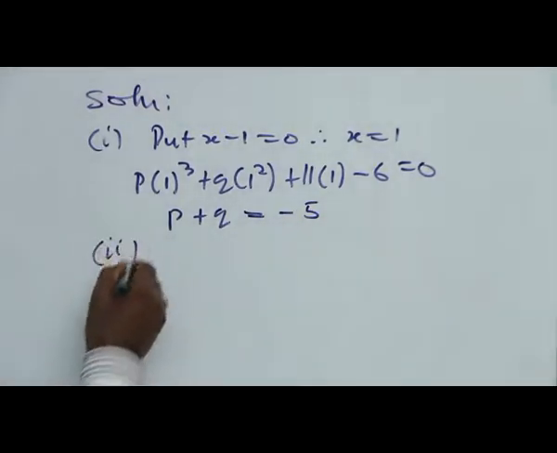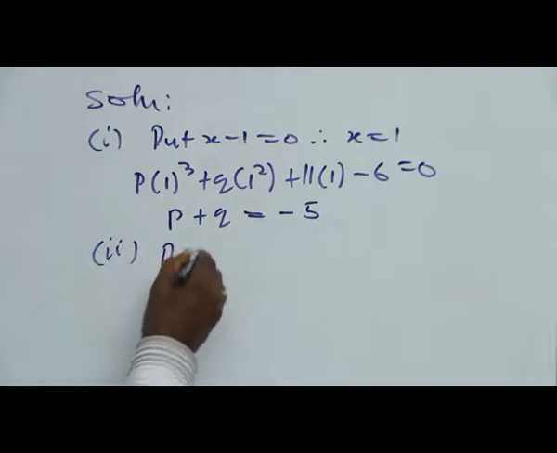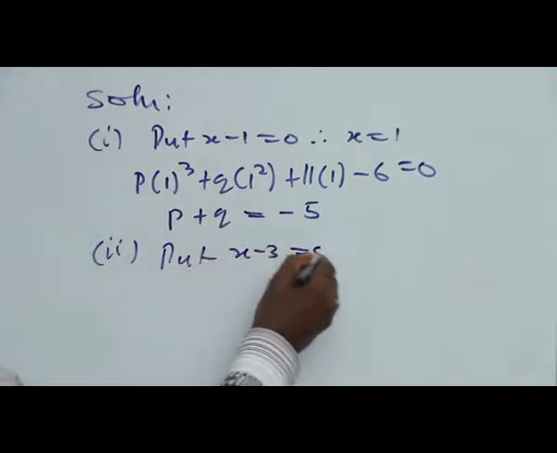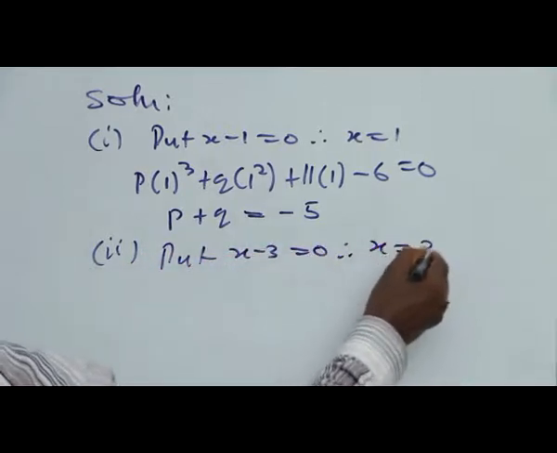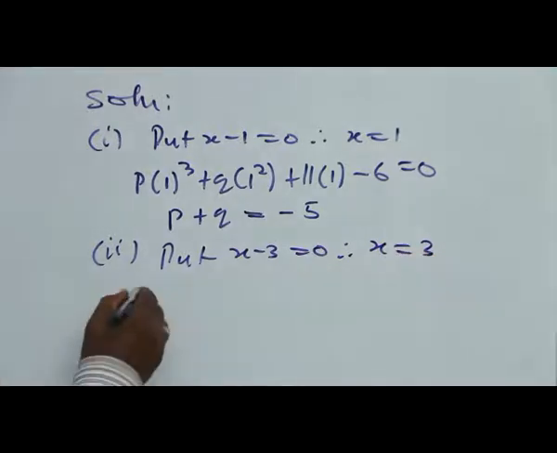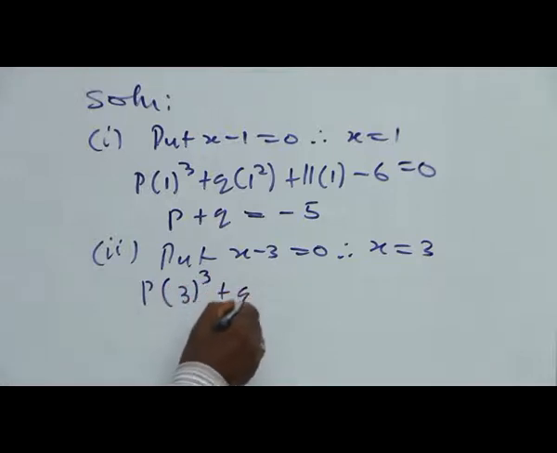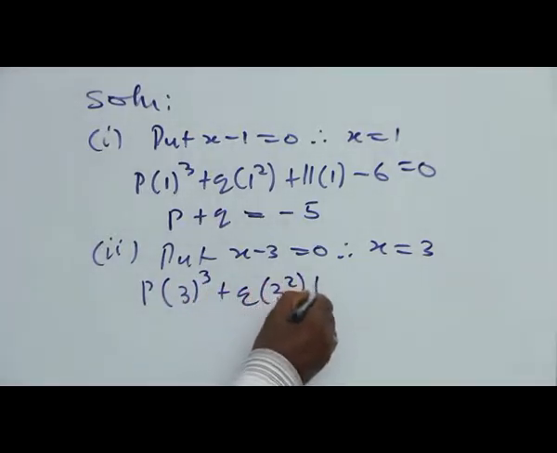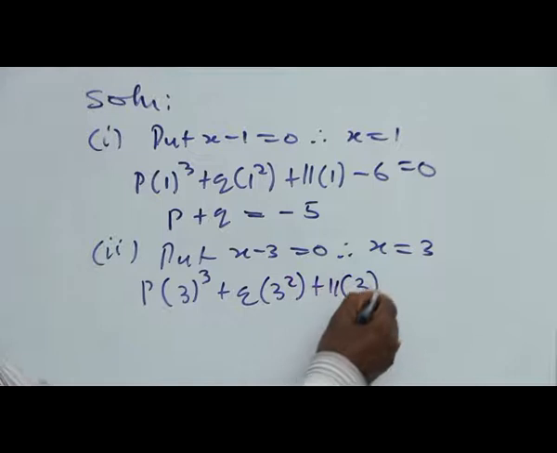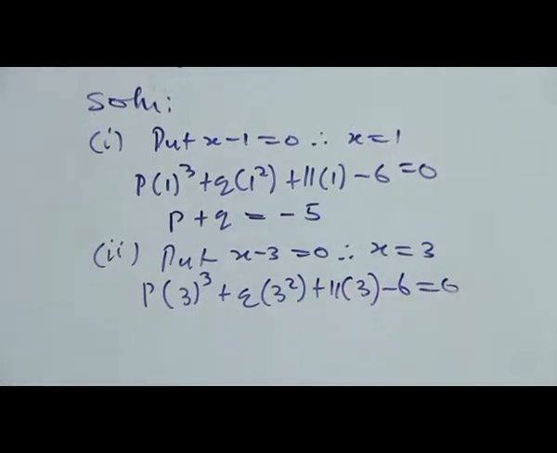Then the second equation. Put s minus 3 equal to 0, therefore s is equal to 3. Again you have p into 3 to the power 3 plus q into 3 squared plus 11 times 3 minus 6 is equal to 0.